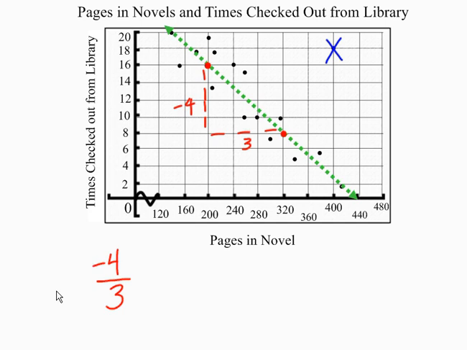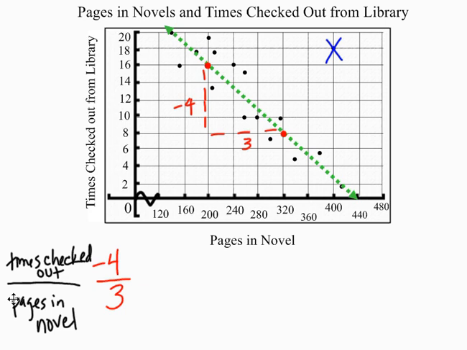And once again, we have to know, what do these things represent? This is going to represent times checked out, and that 3 is going to represent pages in a novel. Now we know that that's not true, 3 and -4, because these are being multiplied by something. So we can see that times checked out changes by 2, and that the pages in the novel changes by 40.